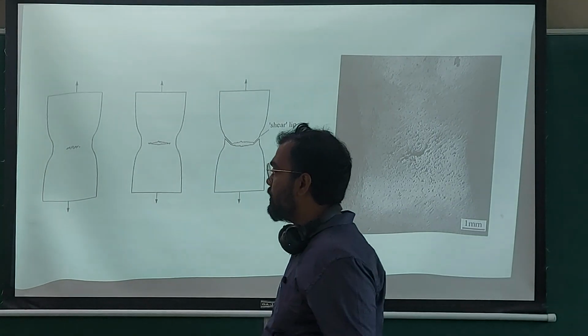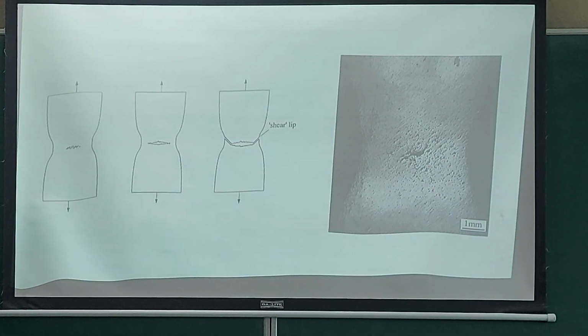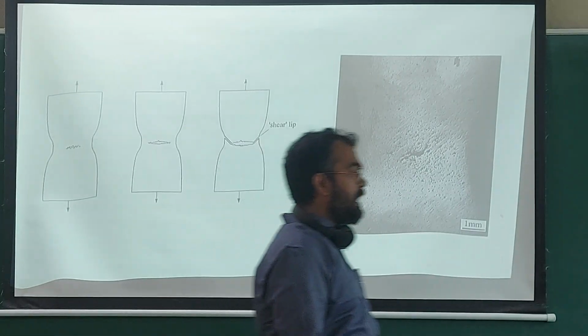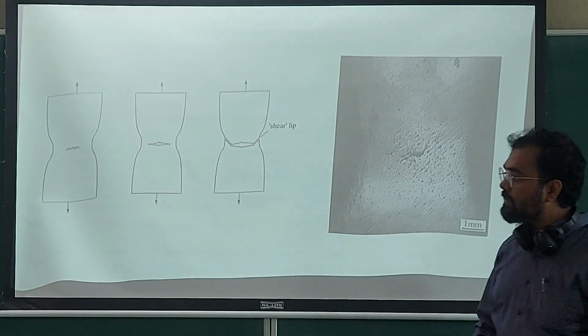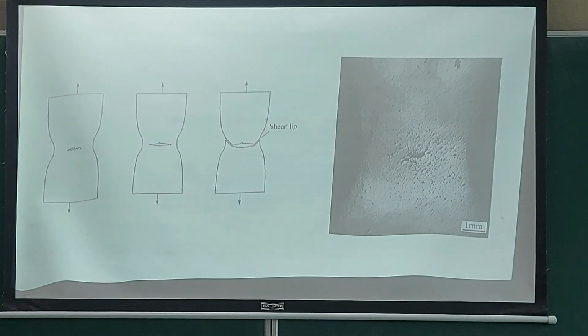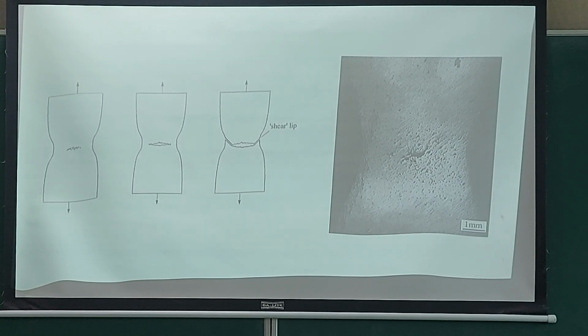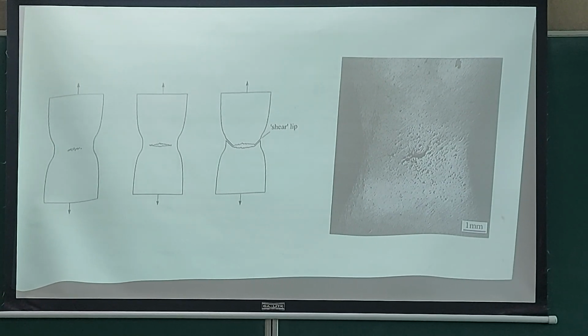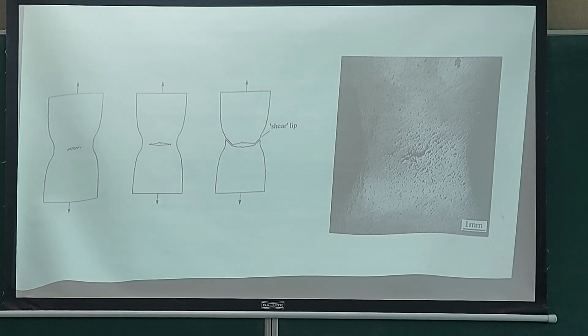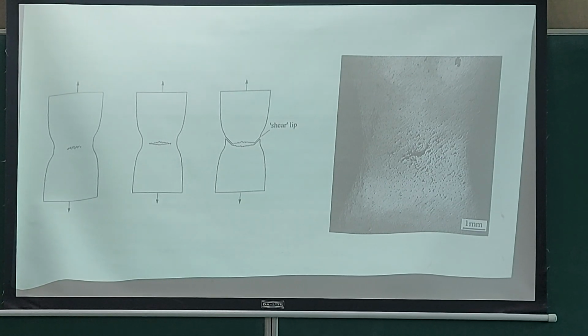So between two voids you have a material which is connected, and that connected material acts like a tensile specimen. If I have two voids which are very close to each other, then this part is connected and is like a tensile specimen.